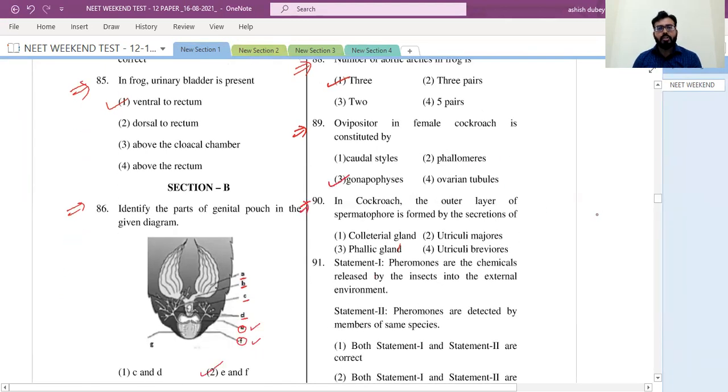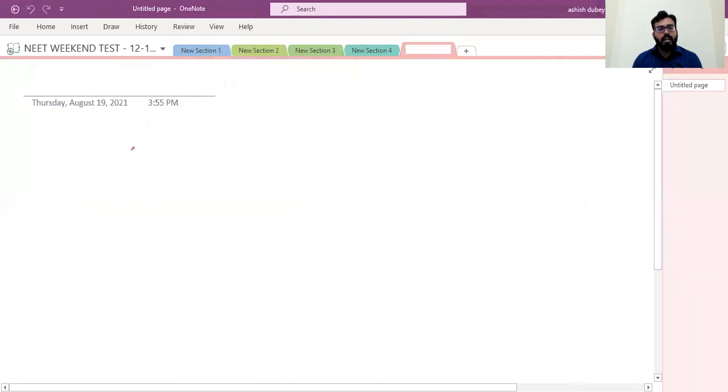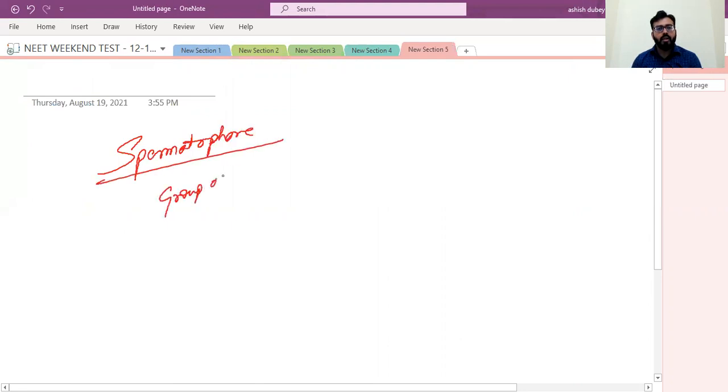Question number 90. Cockroach, the outer layer of spermatophore is formed by the secretion of. Many times question like this is asked. Okay. Number 1, what is spermatophore? Spermatophore is the group of sperms. Okay.